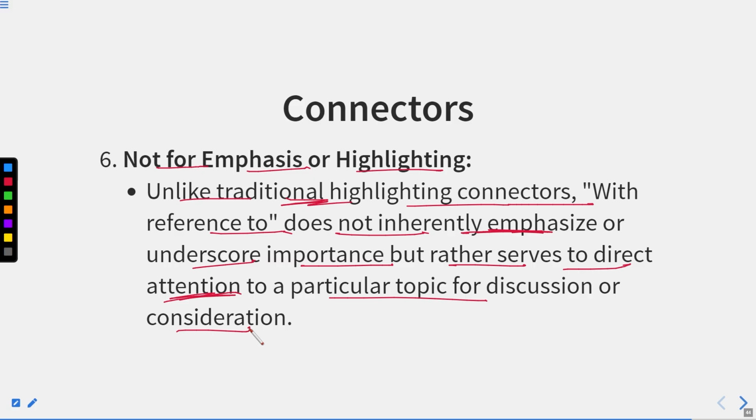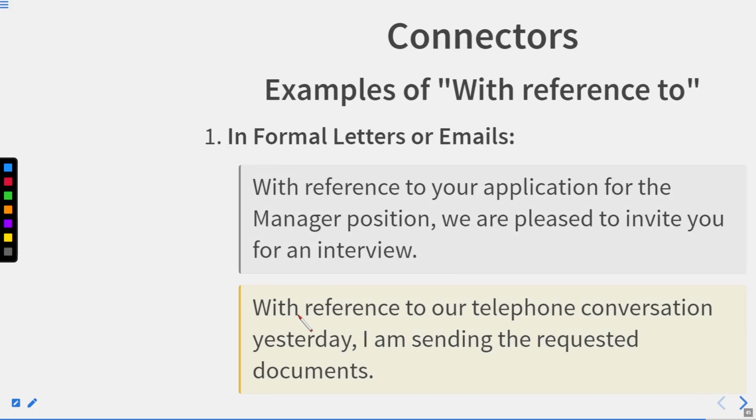It means it is not emphasizing whatever has been said. In fact, it is just referring to that particular point, but making new points about that. It means it can be used in the manner of "about." So it is not highlighting. It is saying that I'm talking about that. So "about that" is "with reference to."